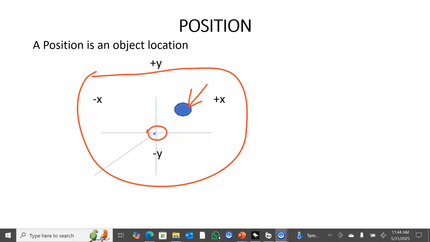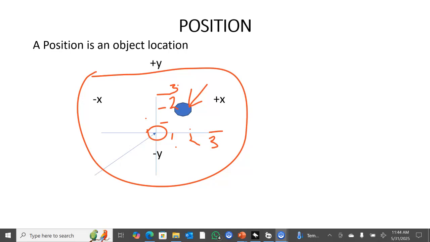So since this graph is in this form, as you move further in this graph on the x-axis, you have 1, 2, 3. On the y-axis, so negative x-axis and negative y-axis. So this point here is always the origin. The position could be at any position. The object can be on the x-axis at position 2. It can be on the y-axis at position 3.